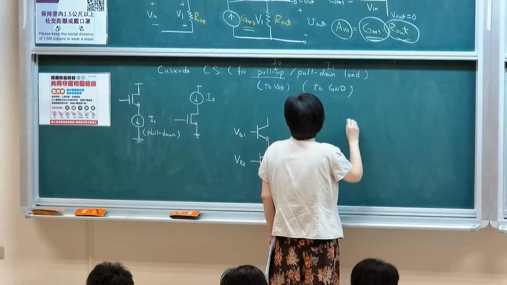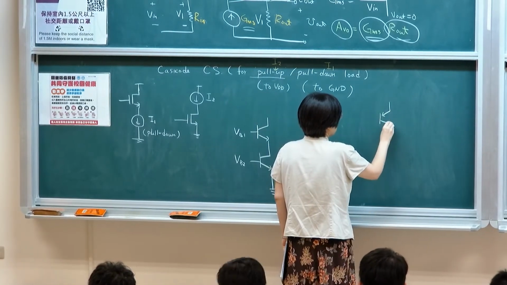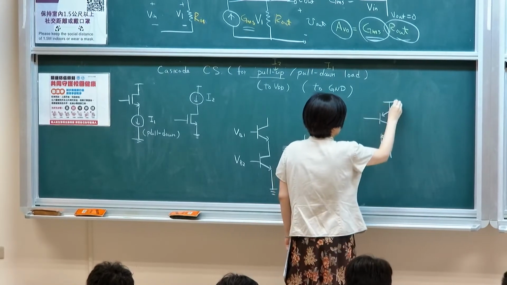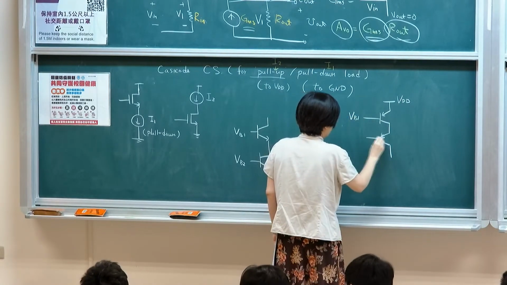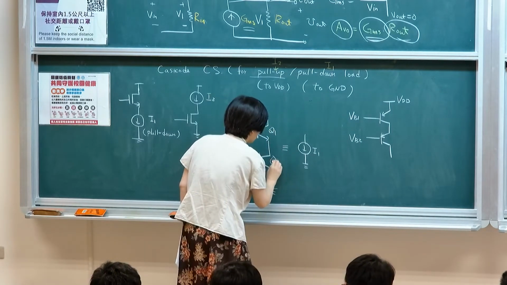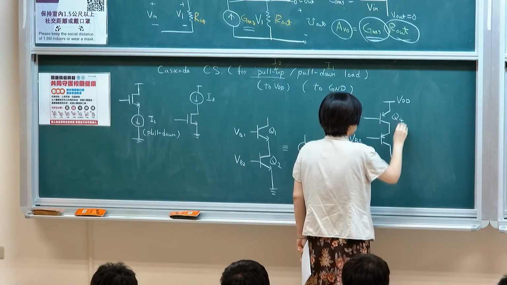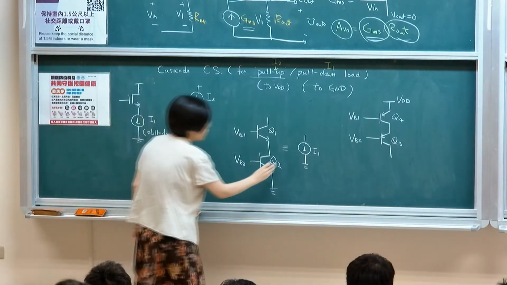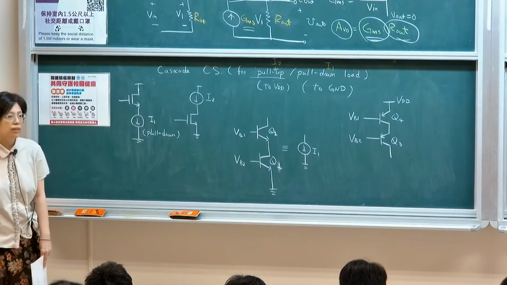For I2, the pull-up will be something more like this. You're going to use PNP instead. So this will be Q1, Q2, Q4, Q3. Did I label it correctly? Typically you want to have 1, 2, 3, 4. There are a lot more transistors.